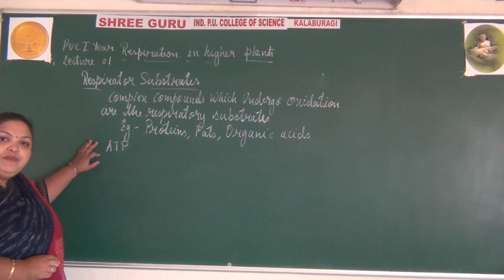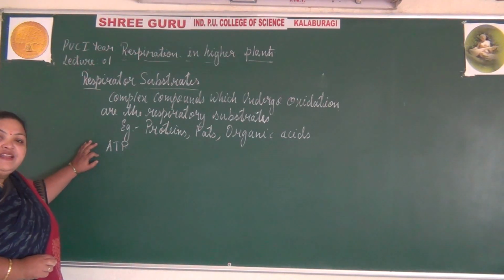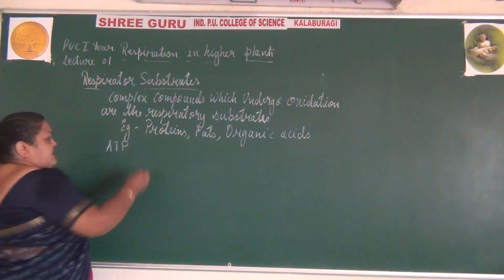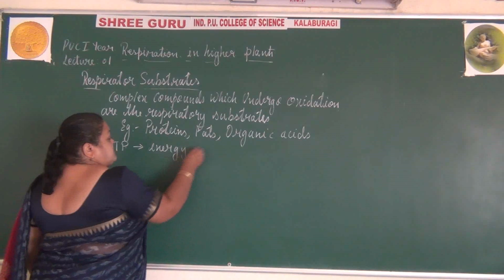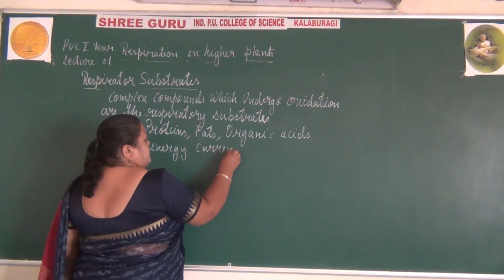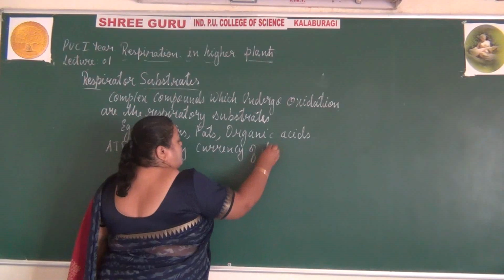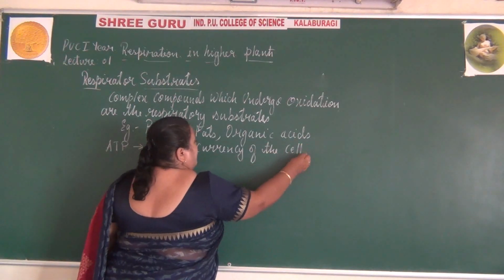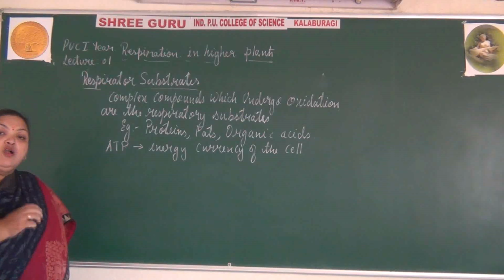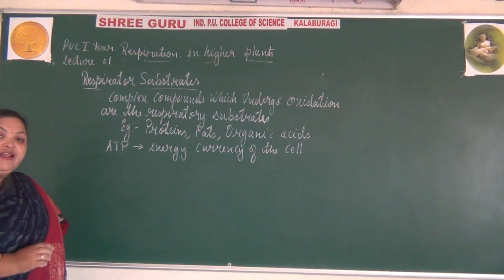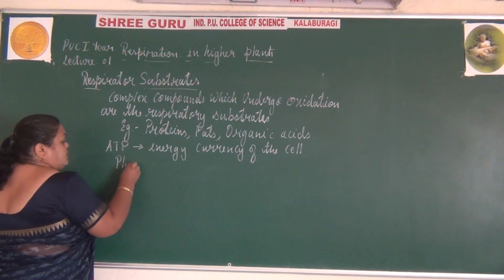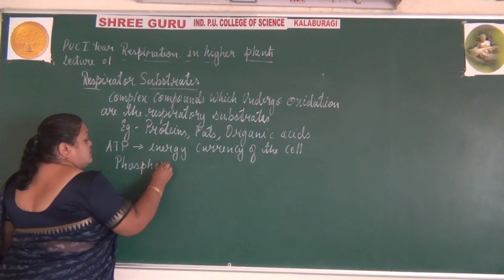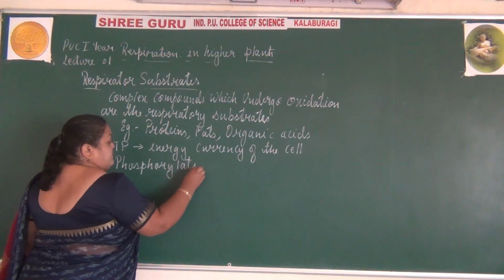Here this ATP is called the energy currency of the cell, or it is also called the coins of the cells, where it can be synthesized by processes known as phosphorylation.